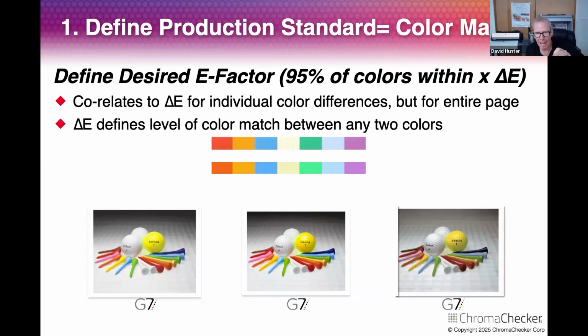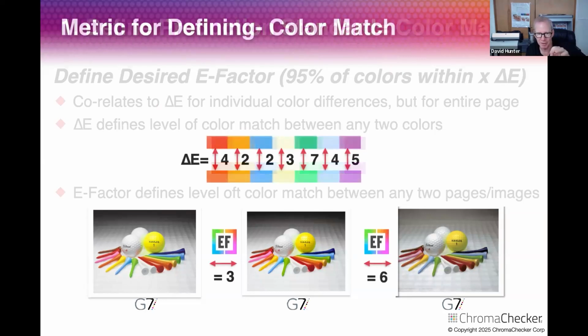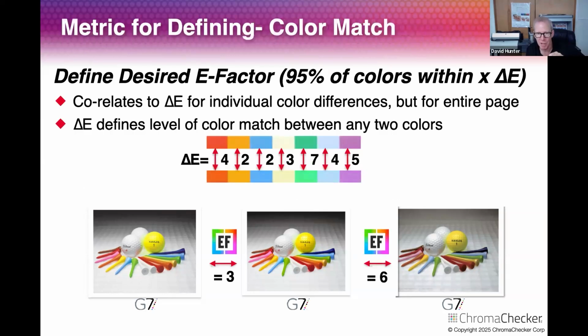So here you see I have some colors here, and I can define the delta E of these differences. And down below, I can define the E-factor difference between these pages. So you get to understand E-factor is right in line with delta E. Think about it as delta E for process colors. It's saying 95% of these colors are within this delta E of the image.